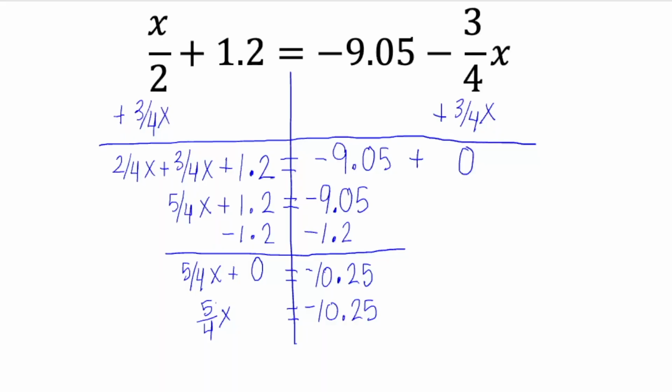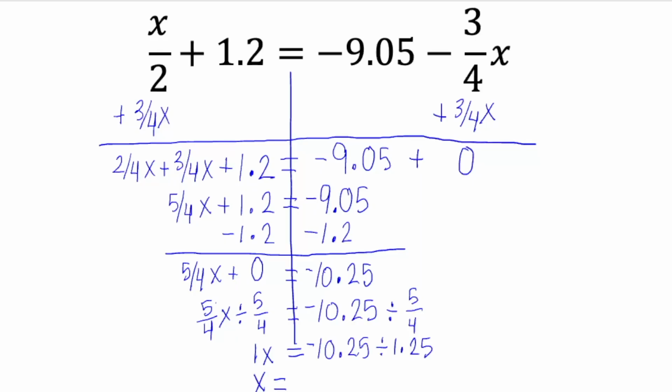Last, divide 5/4 from both sides of the equation. Five-fourths x divided by 5/4 equals 1x. Negative 10.25 divided by 5/4 can be rewritten as negative 10.25 divided by 1.25.